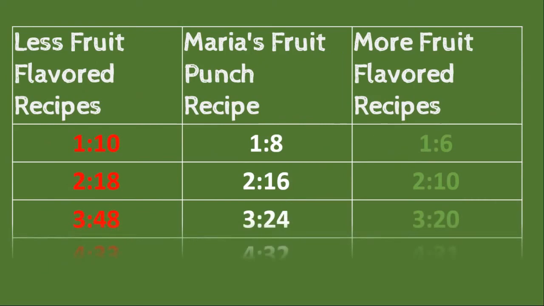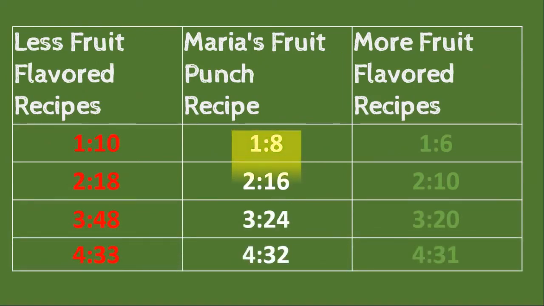So we have this table. So in the first column, we have Maria's fruit punch recipe. We are told that it's 1 packet of fruit punch to 8 ounces of water. We can reason what the next rows will be just by simple multiplication. So we can multiply by 2. 1 times 2 is 2, and 8 times 2 is 16.